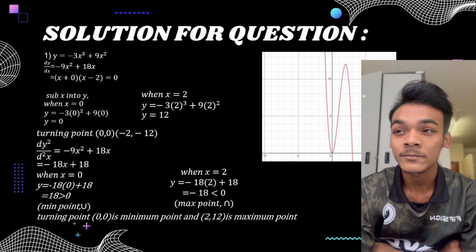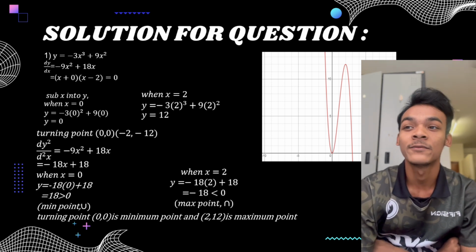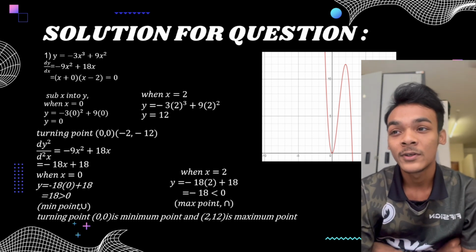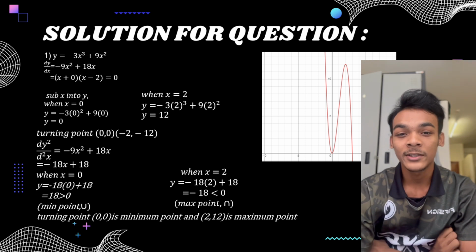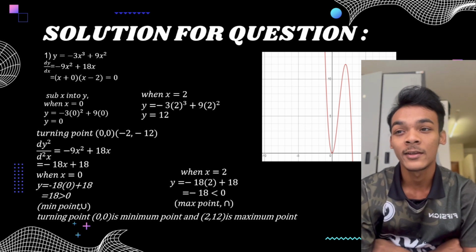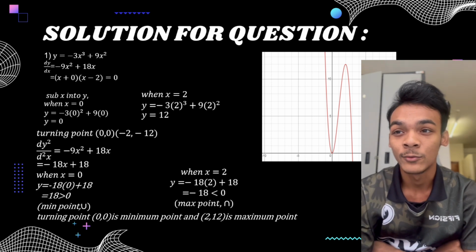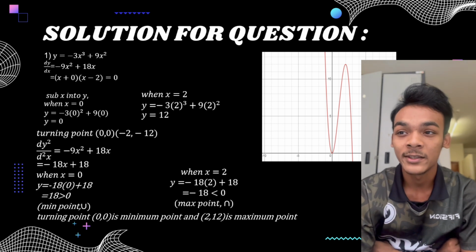Okay, the next question is y = -3x^3 + 9x^2. We use the same method, which is to differentiate first. dy/dx = -9x^2 + 18x. Using the factorization method, we get x = 0 and x - 2 = 0. So we substitute x into y.